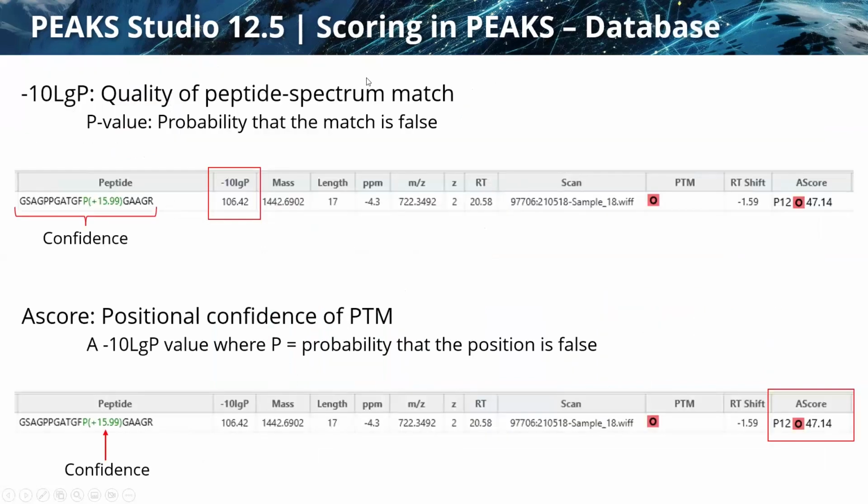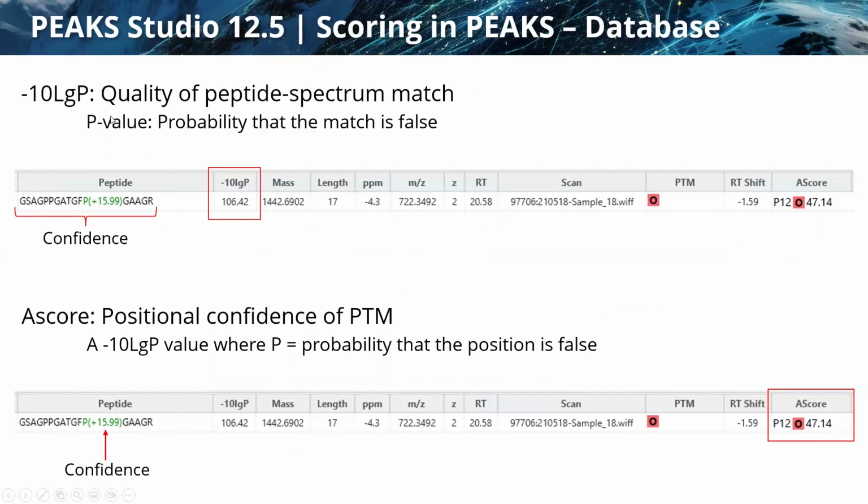Next is the scoring in the database search. So there's a couple different score types you will see in your database search results that indicate the quality of the peptide spectrum match, that assignment. So the first is the -10 log P, and this is indicating the quality of this peptide to the spectrum. So the peptide spectrum match.